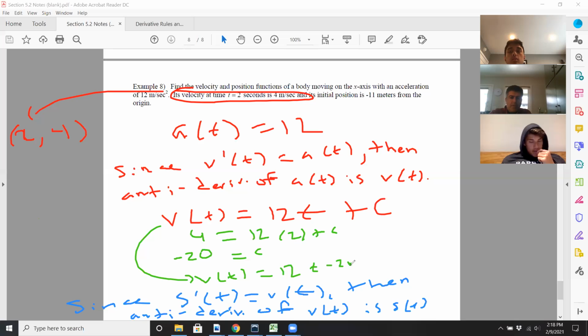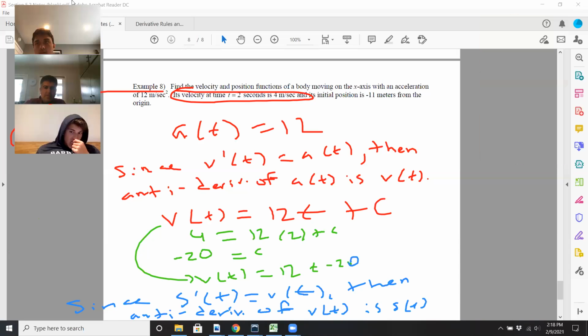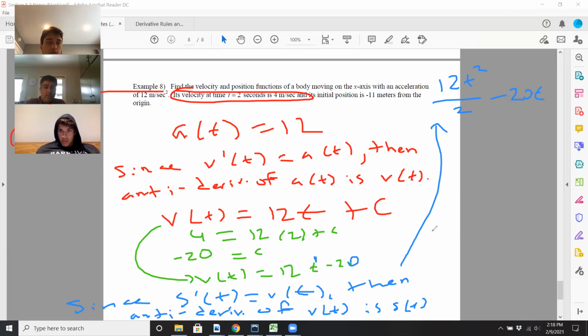I'll need a little space, so we'll do it over here. The antiderivative of 12t minus 20 is going to be 12t squared over 2. Remember, you add 1 to the exponent. Right now the exponent's 1. Add 1, divide by the new exponent. Minus 20t, because the derivative of -20t is going to be -20.